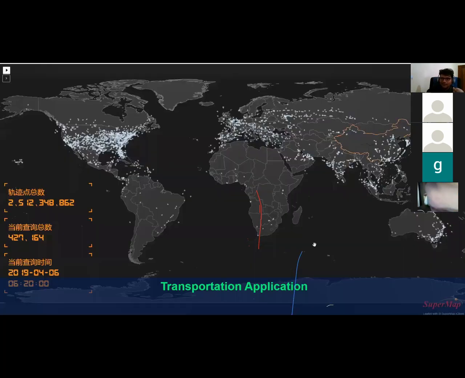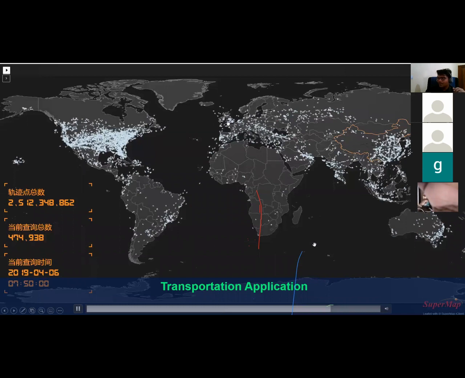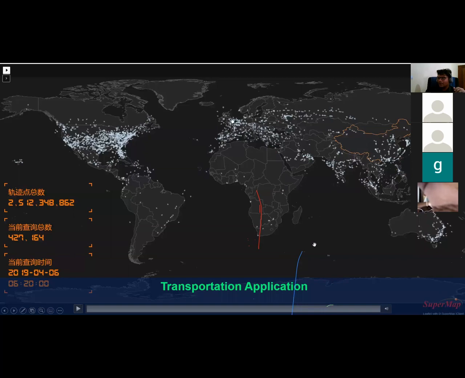And this one is about planning aviation, like Los Angeles. From Los Angeles you have Tokyo here, and then you have Heathrow Airport. You can see to what extent and which are the most critical airports.